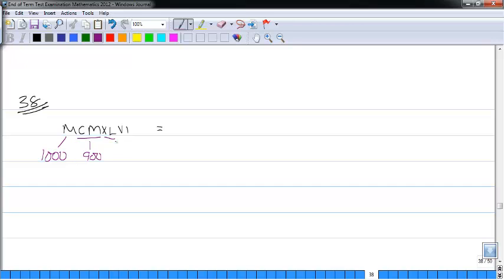The XL here would be 50 less 10, so that is 40, and the VI here would be 5 and 1 being 6. So if we were to put all of this together, we would get 1946.